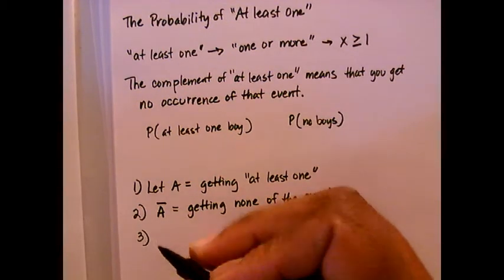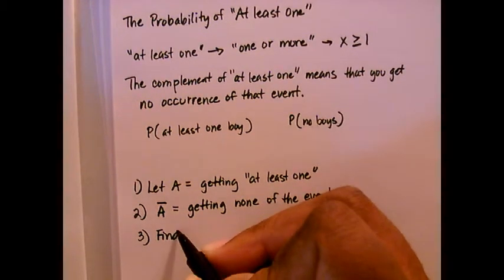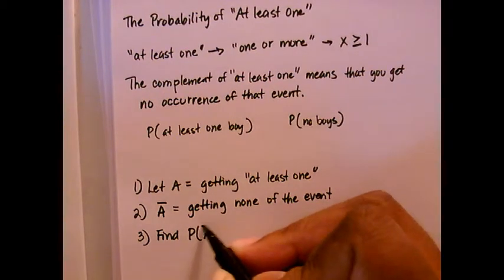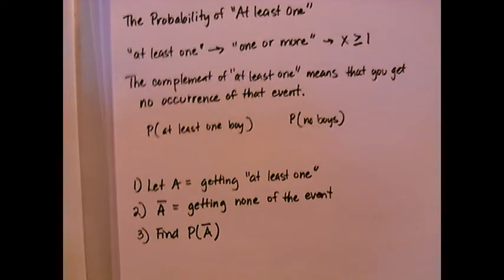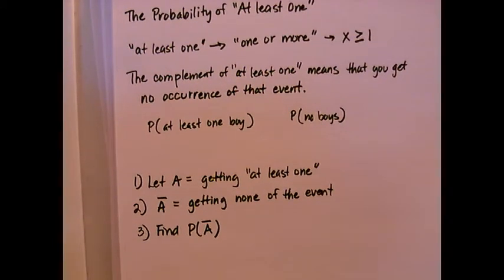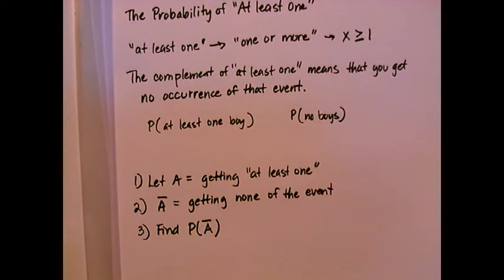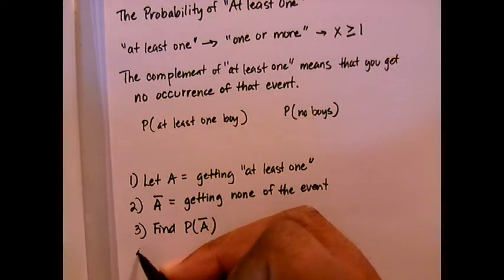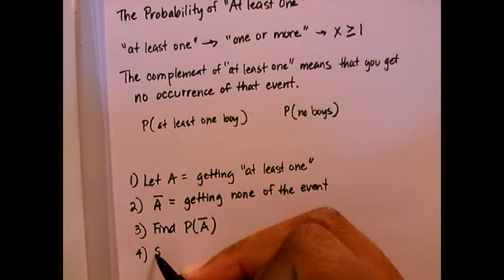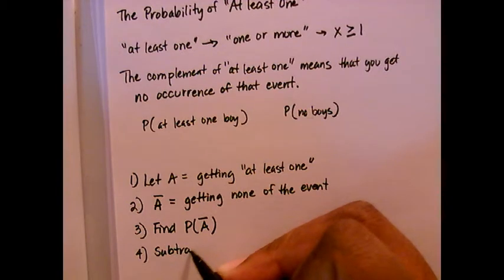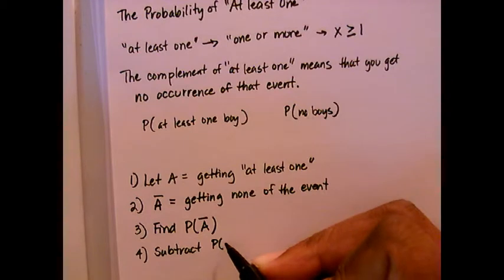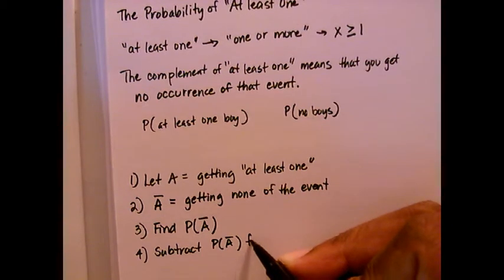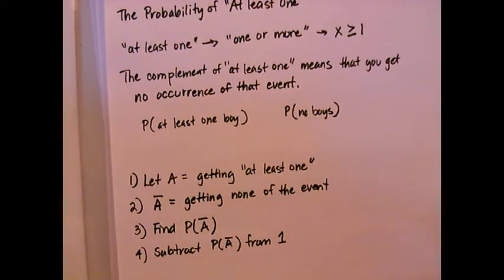Then step number 3, you'll find the probability of a complement. And of course, if you recall, the probability of a complement means the probability that event A does not occur. And then step number 4, subtract the probability of a complement from 1.